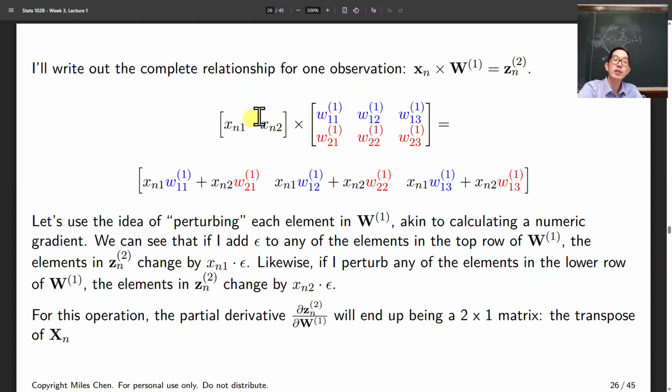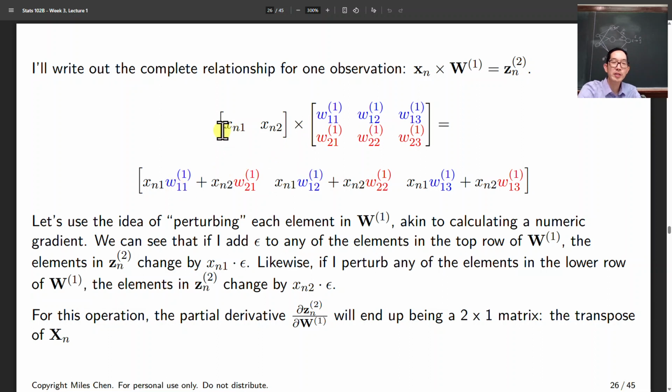So if I do this row times this first column, I'll get xn1 times w11 plus xn2 times w21. And for the value in the second column, it's this row times the second column, and the third column is that row times the third column. Now if I add a tiny little element to any value in this top row, how is it going to affect the output?